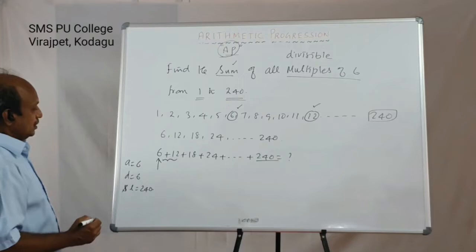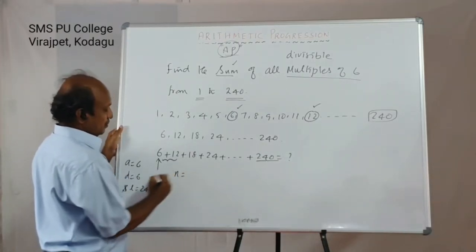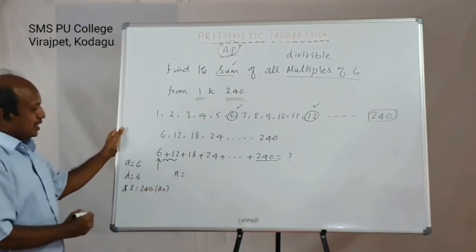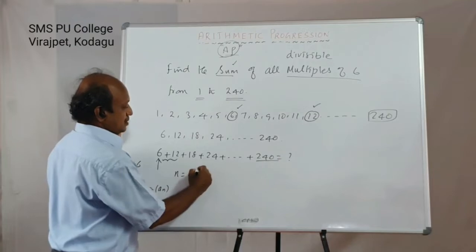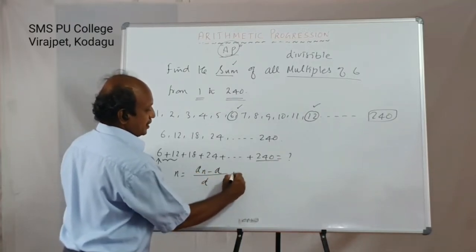Now we know the formula. First we have to find n, because without knowing the value of n it is not possible. Either you can write last term or an. n is equal to (an minus a) by d plus 1.